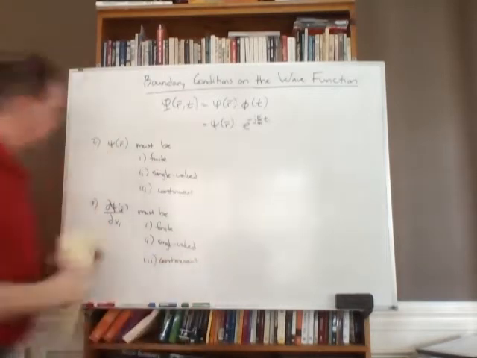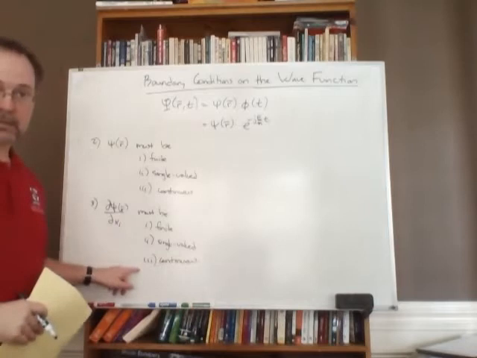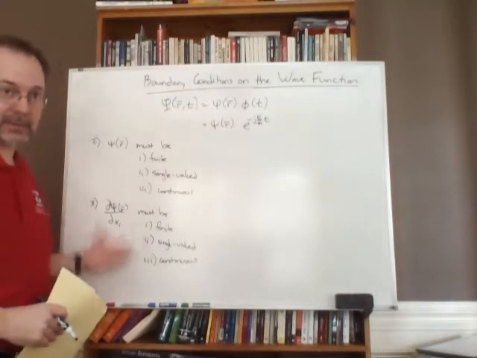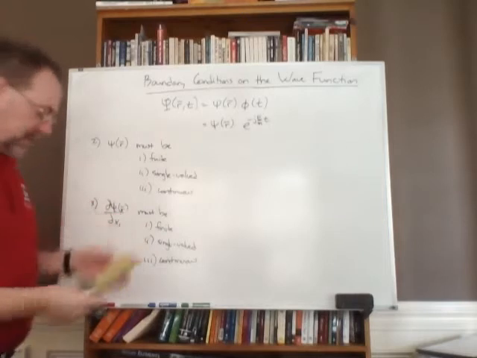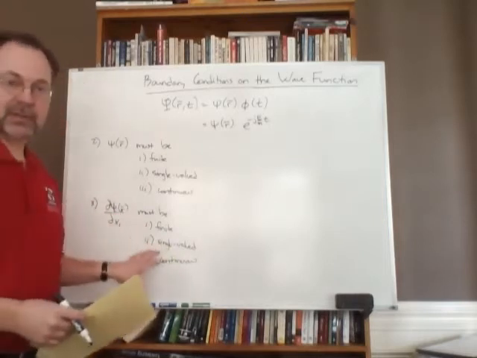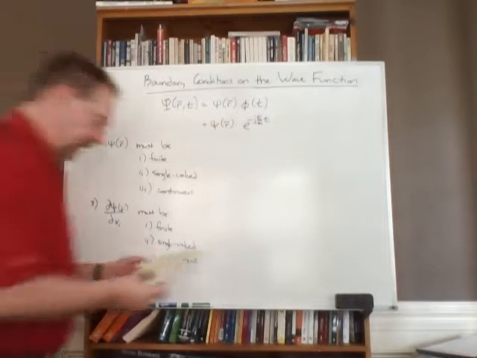Well, the one caveat on this last part about it being continuous. The partial derivative of little psi with respect to the spatial variable must be continuous when the potential energy function V of r is finite.